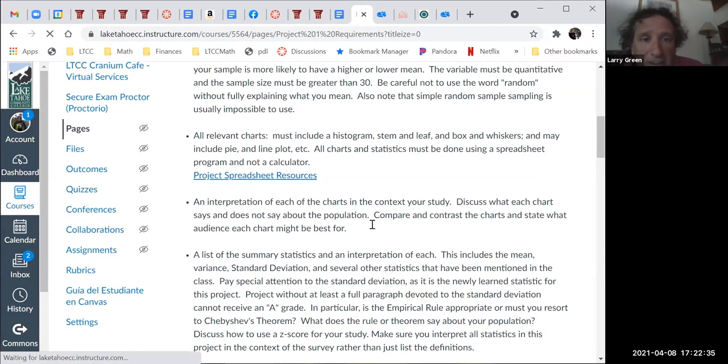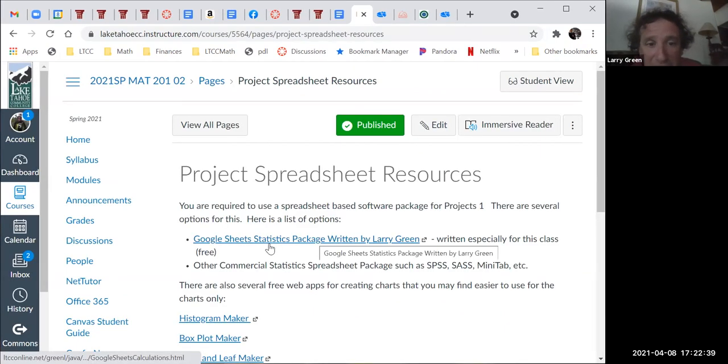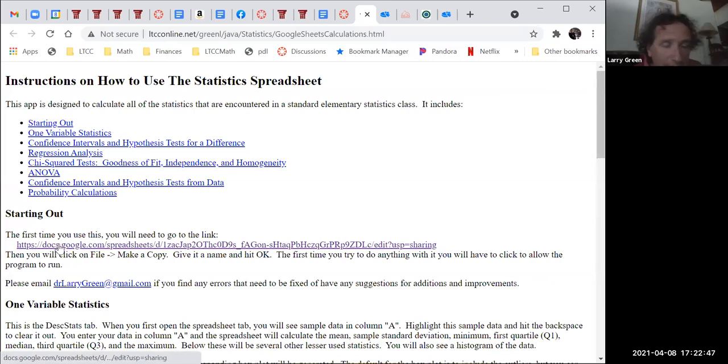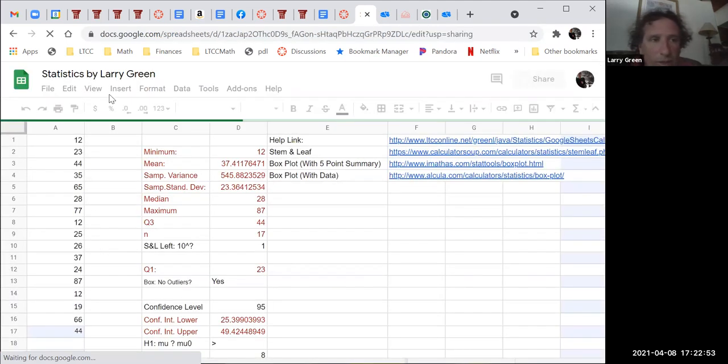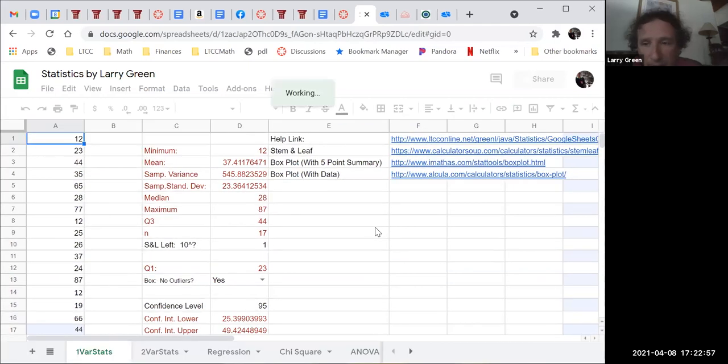And if you click Project Spreadsheet Resources, and you click Google Sheets Statistics Package written by Larry Green. So I created this also. And if you click this right here, then this takes you to the spreadsheet that I created.